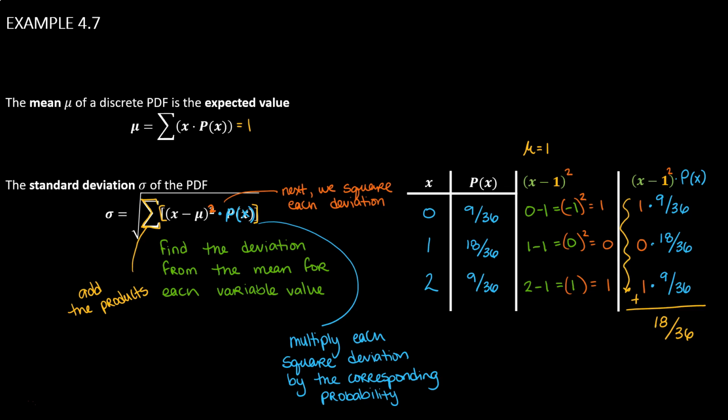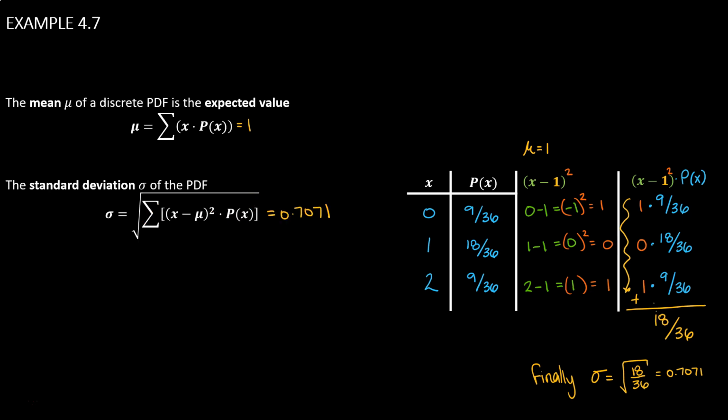The sum of these products is 18 out of 36. Finally, we can take the square root of that sum to find our standard deviation sigma. So the square root of 18 out of 36 is about 0.7071. So that is our standard deviation.